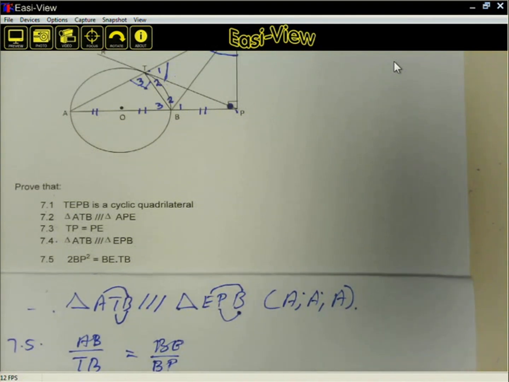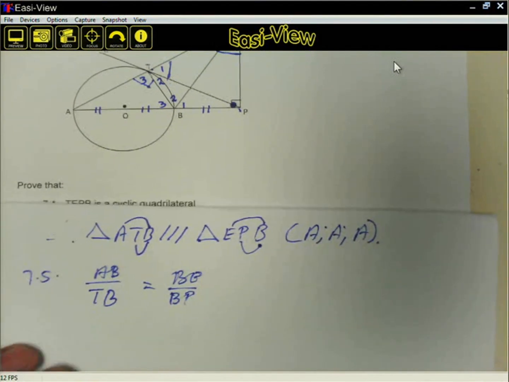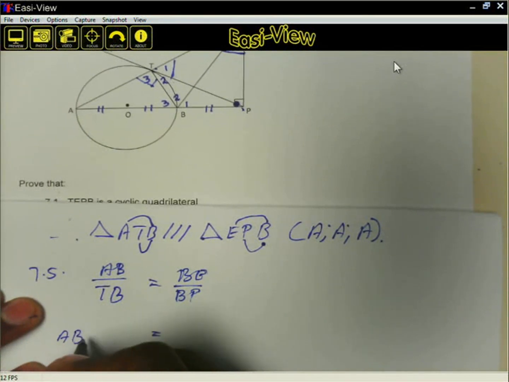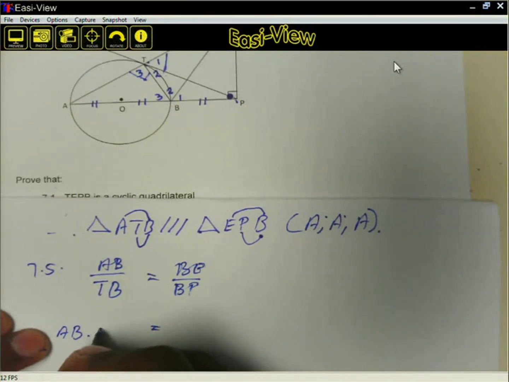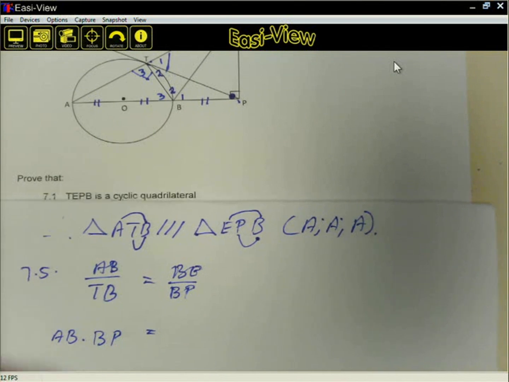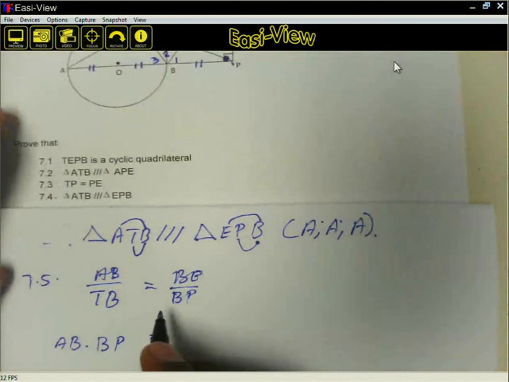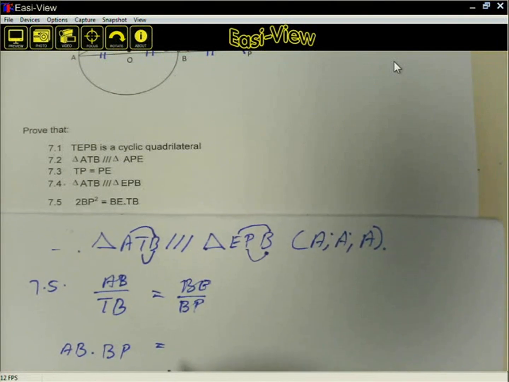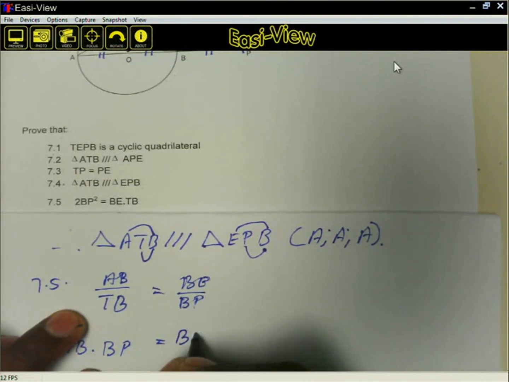And then you cross multiply. If you cross multiply, you've got AB multiplied by BP, which will give you TB multiplied by BE. Then BE multiplied by TB.